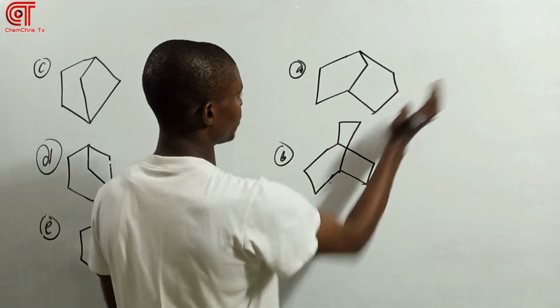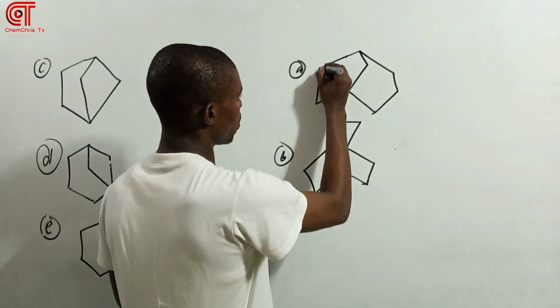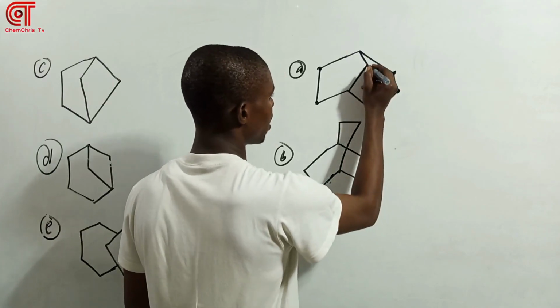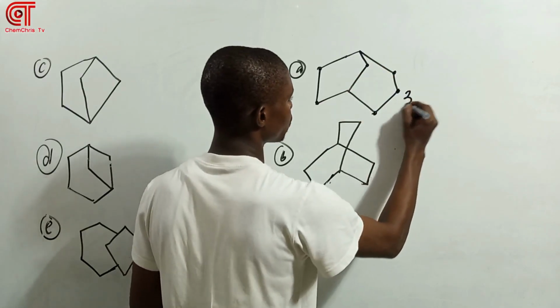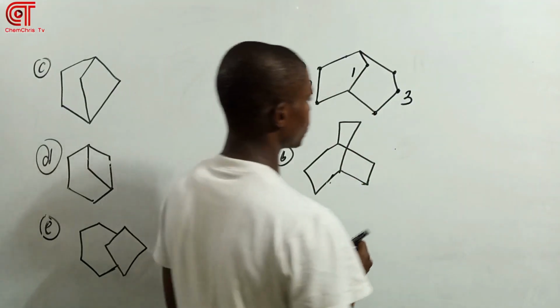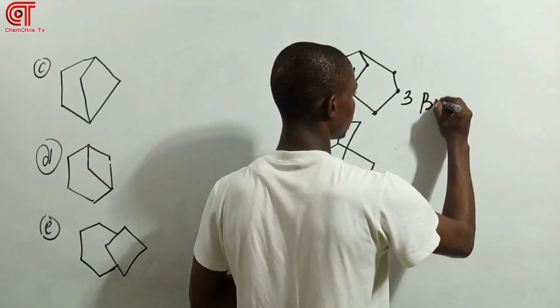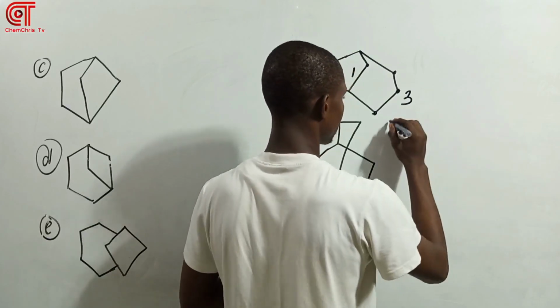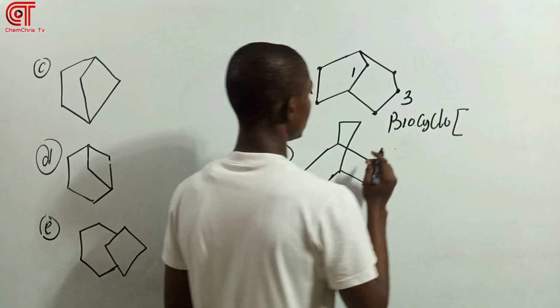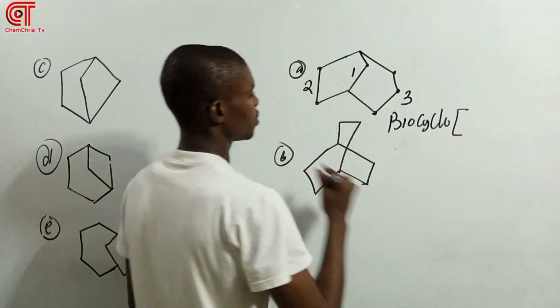So here we have this side, here we have this side. How many carbon atoms do you have here? 1, 2. How many do you have here? 1, 2, 3. How many do you have here? 1. So here we have 3, 2, and 1, right? So it's going to be bicyclo 3, 2, 1.